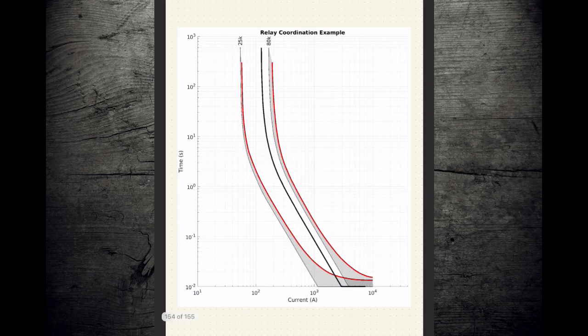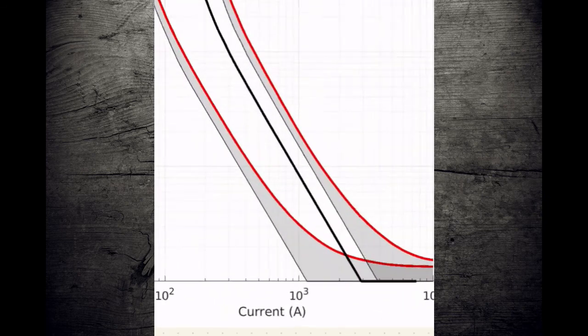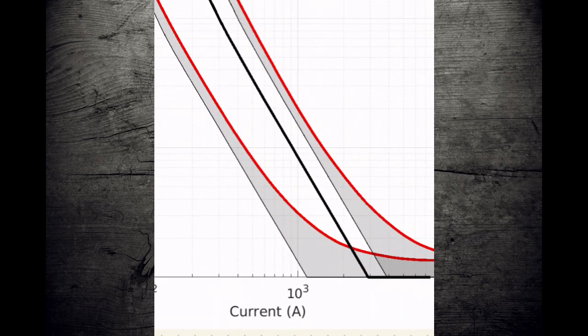So we have a look at those two in the clear, and we can see that our coordination line and our 25K maximum clear meet somewhere around 2100 or 2200 amps. Greater than the 2000, so everything is good.